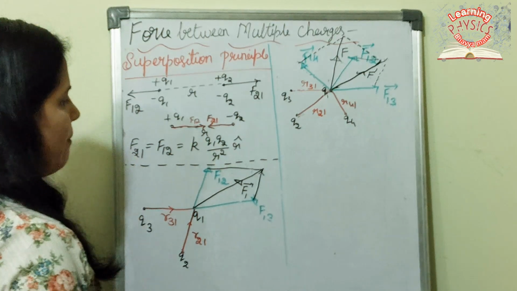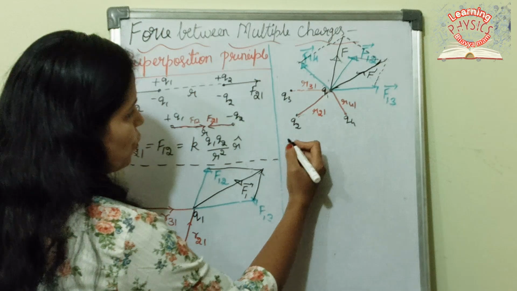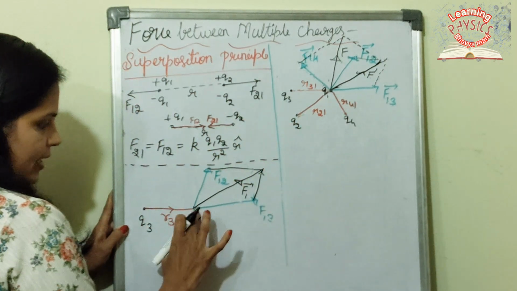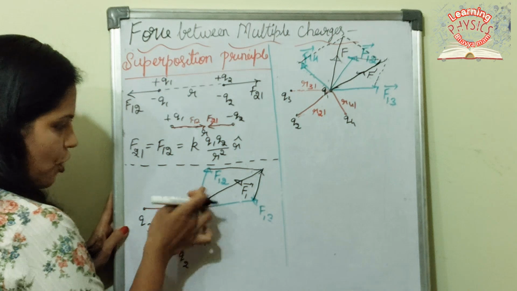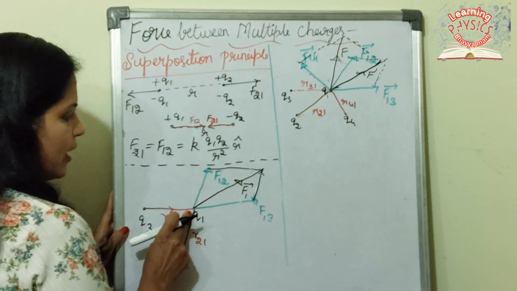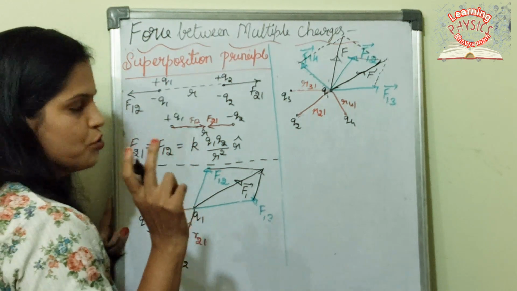Now let us write the magnitude. So how to write the magnitude of force? Yes, let us use Coulomb's law. As I mentioned, you have to take only two charges at a time. Q1 is the charge on which other charges exert a force. That's why you have to take Q1 and any one other charge at a time.